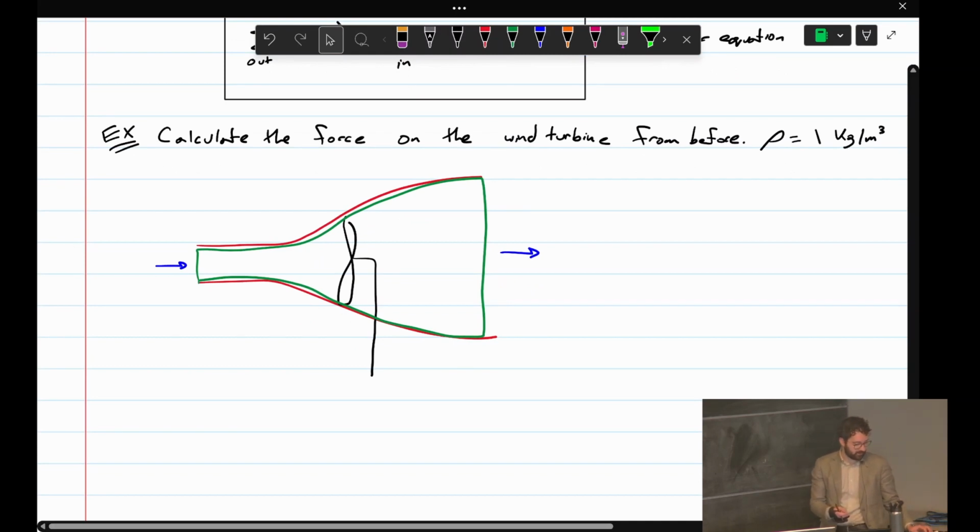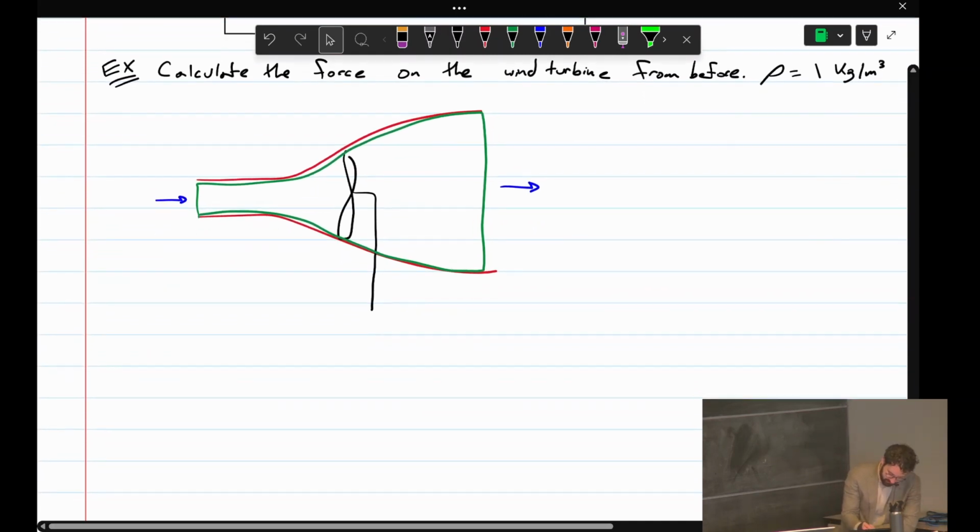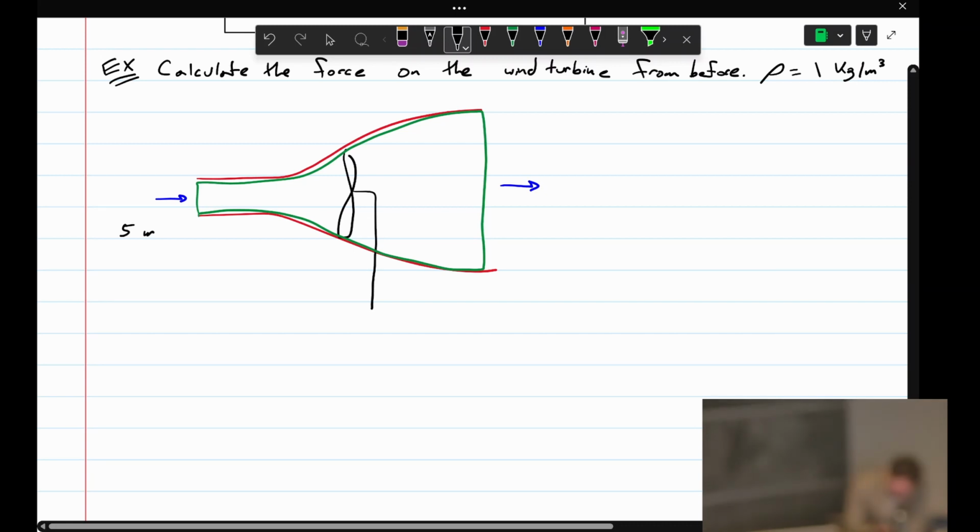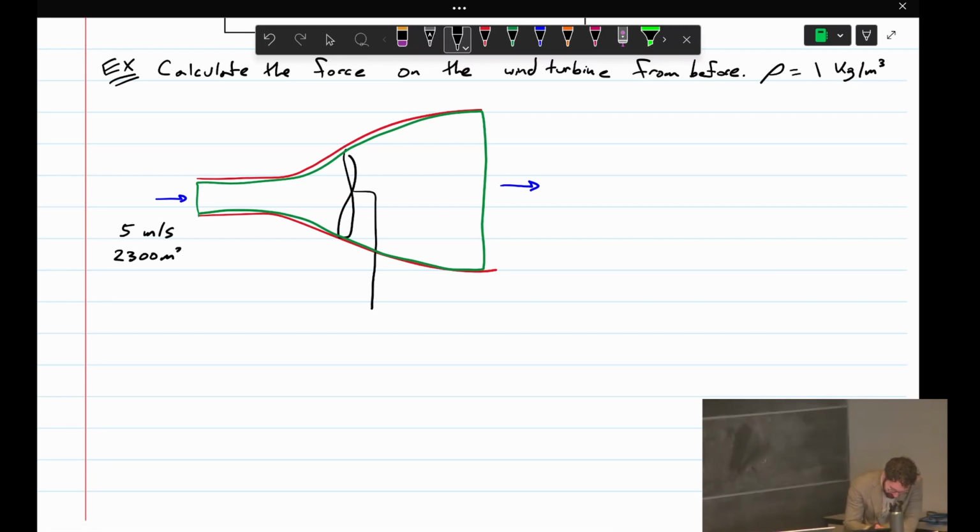I'm going to write down just the velocities we used. 5 meters per second, 2,300 meters squared. We determined from conservation of mass that this is 1.92 meters per second, and that has area of 6,000 meters squared. So for conservation of momentum, pressure also applies a force to our CV.